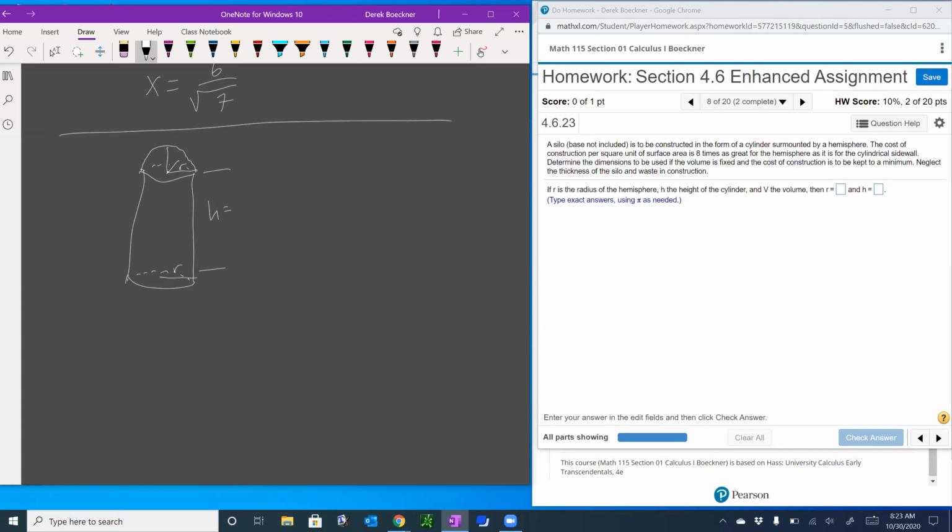Okay, so the sidewall is 2 pi r h, and then the cost of that is going to be 8 times as big, no, sorry, an eighth as big. So let's just pretend that the cost of the sidewall is 1, because it doesn't actually give us the costs, right? So let's just say the sidewall costs 1 per square unit.